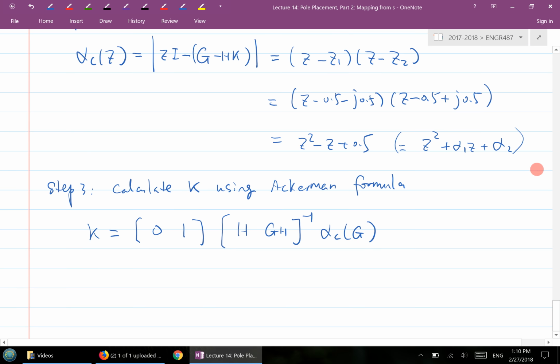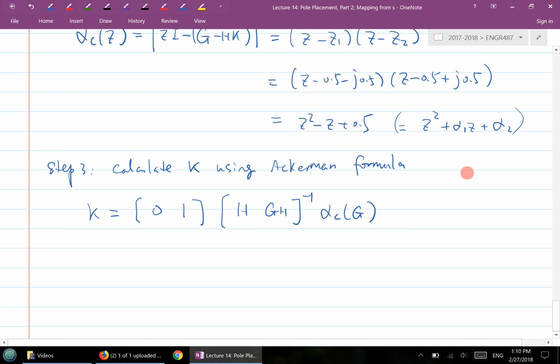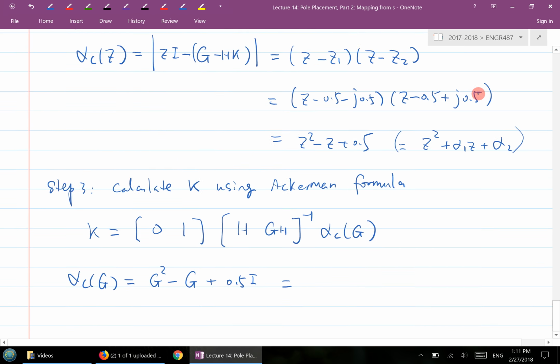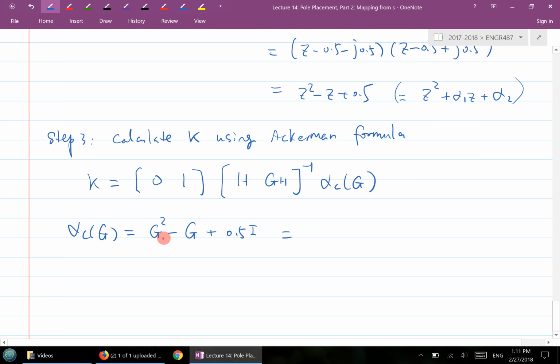I probably won't do everything. So what's alpha C of G here? Here's your alpha, so it's G squared minus G plus 0.5 times the unity matrix I. That's alpha C of G. The G matrix is given, which is this one here. So use your calculator or hand calculation; in this case it's fine.